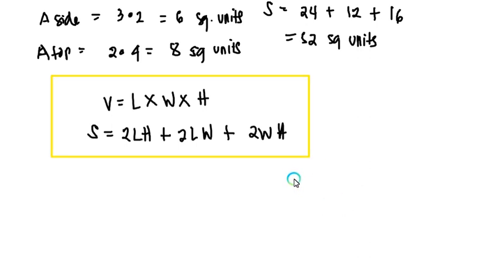So again, we only need to find two things: your volume and your surface area.